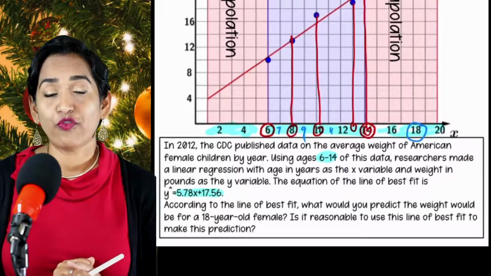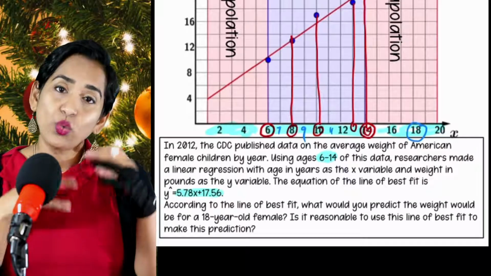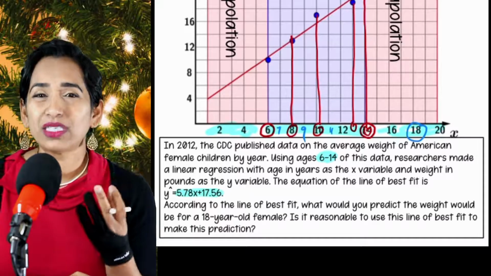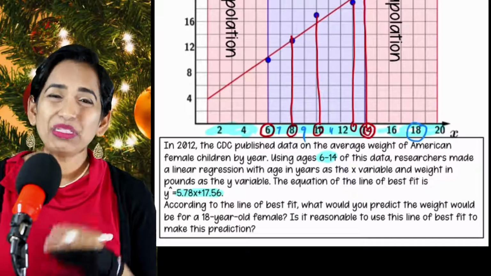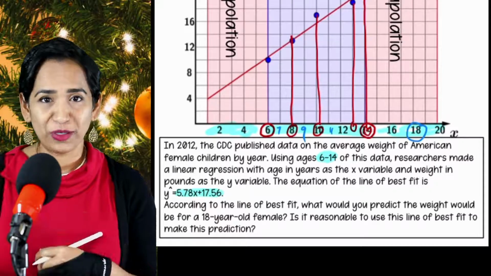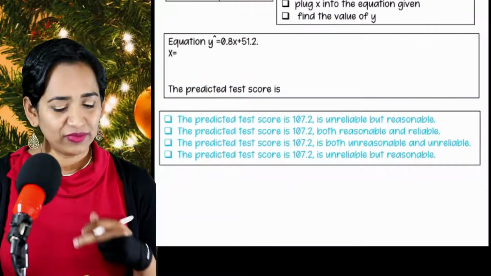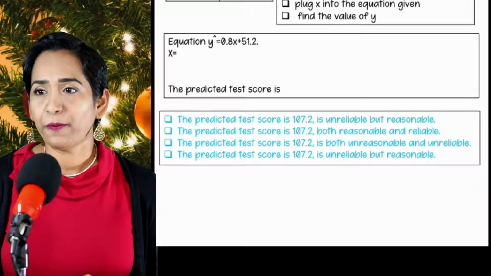Outside 6 and 14 is extrapolation. So within 6 and 14 is reasonable and reliable. Outside is not reliable, but sometimes it's reasonable. Let's go ahead and take a look. Confusing? I promise it's going to be much better.